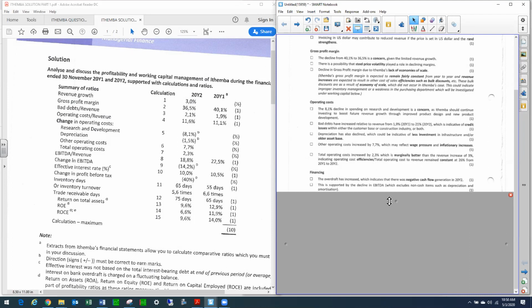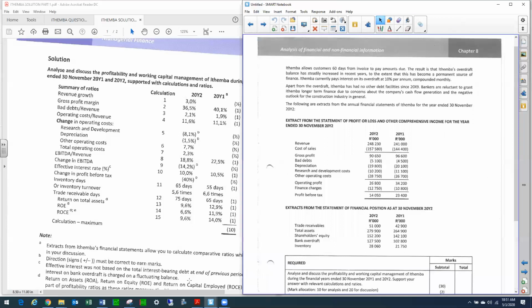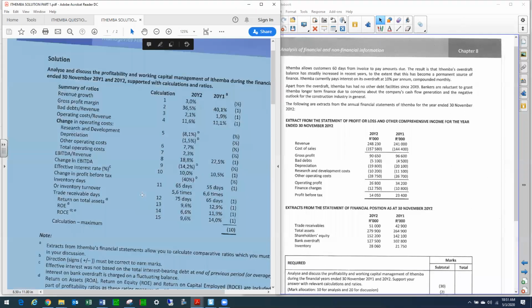Now, there's a nice simple one. Are you guys comfortable with that? Cool. My profit before tax has gone down by 40%. Okay, why has it gone down by 40%? Because of the increase in the finance charges. Huge amounts of finance charges, therefore it's gone down. Yes? Guys comfortable with that?